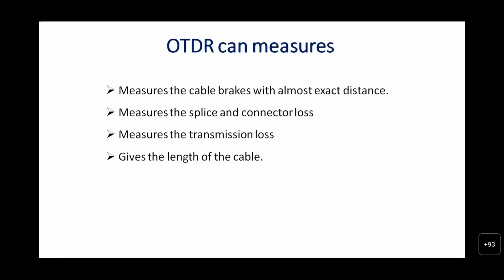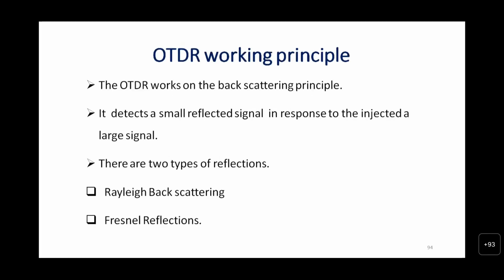So OTDR can also measure the cable breaks with almost exact distance, measures the splice and connector loss, measures the transmission loss, gives the length of the cable. All this can be measured through OTDR.